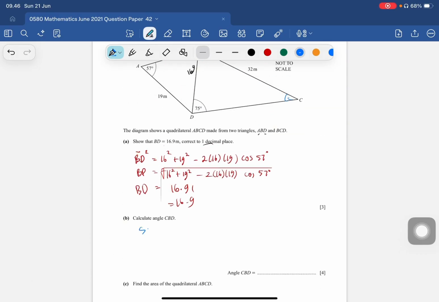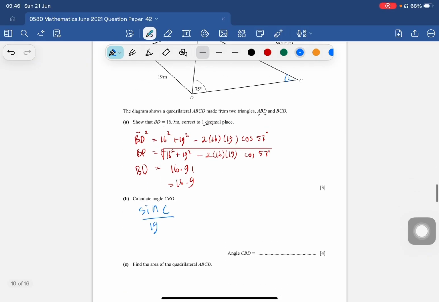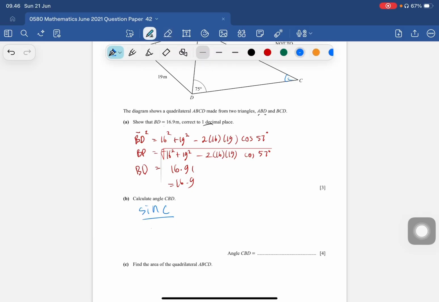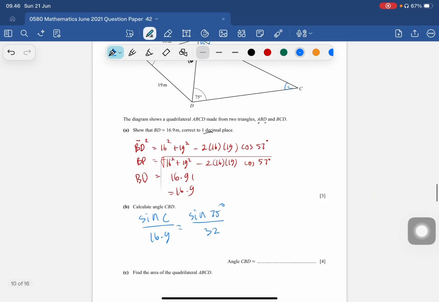Okay, so sin C, we divide by the opposite, not 19, but 16.9, equal to sin 75 degree over 32.